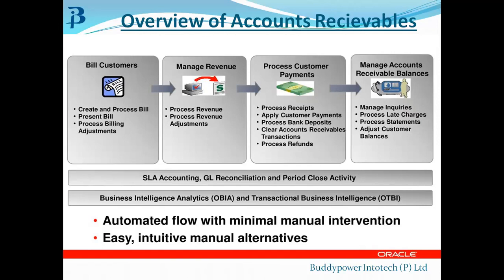Then we have this revenue management work area, which is the area to perform tasks related to revenue recognition and revenue adjustments. You run the recognize revenue program to generate revenue distribution records for invoices and credit memos that use invoicing and revenue scheduling rules.